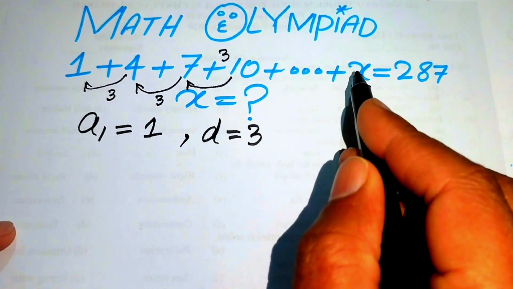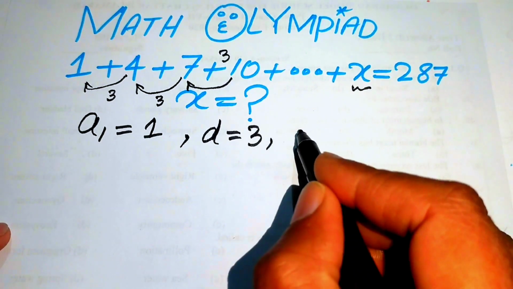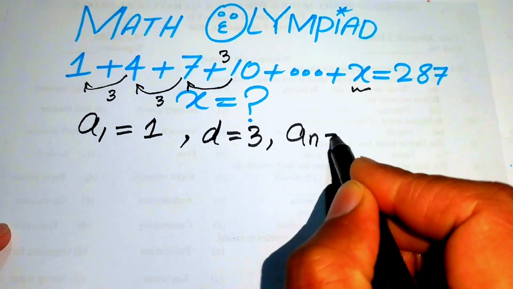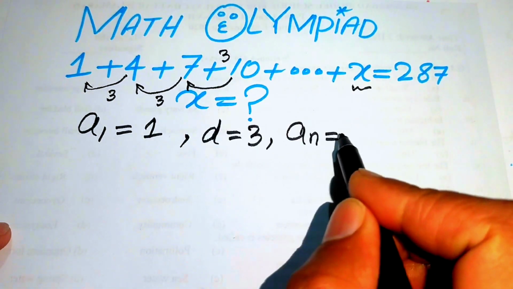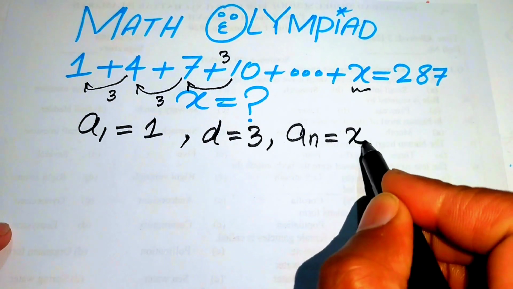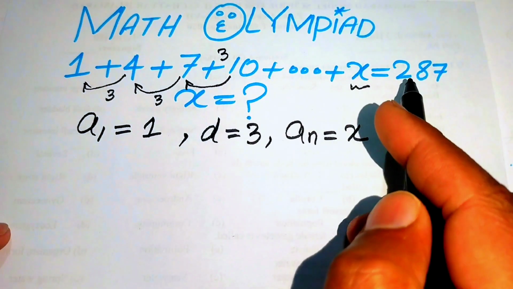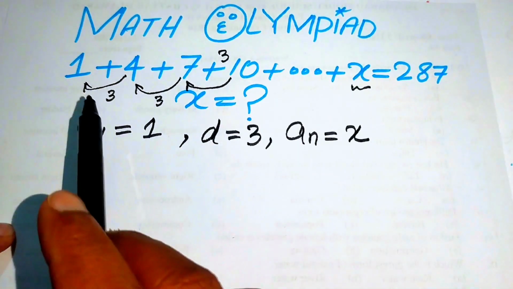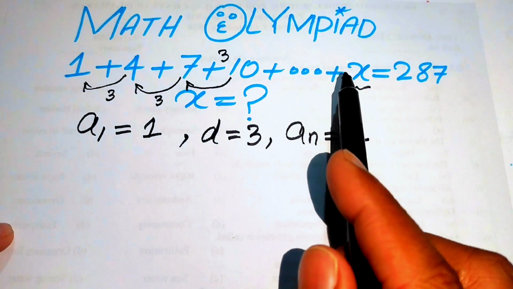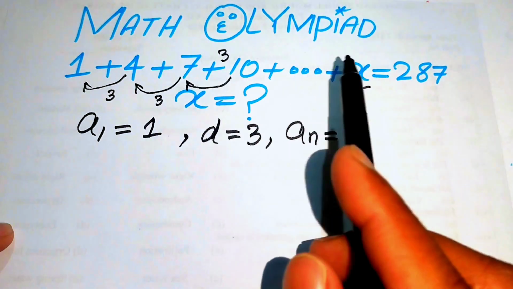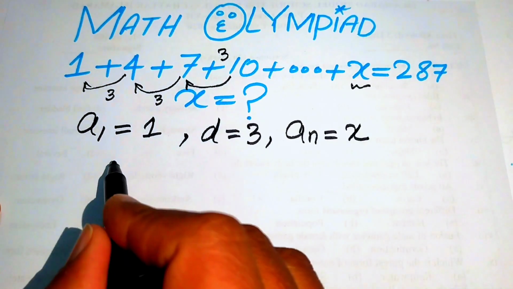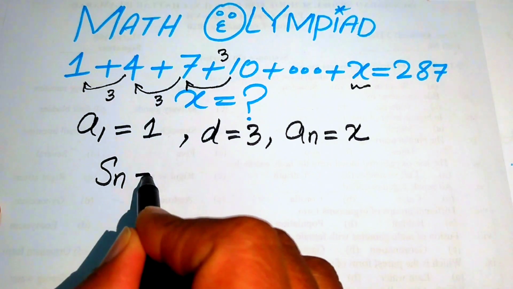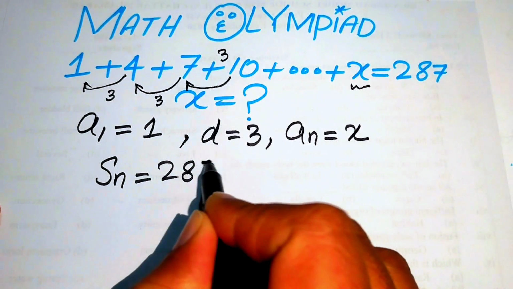So x is called the nth term of the series, and we denote the nth term of the series by an, and our an equals x. And 287 means that if you add the first x terms, then you get the sum of these x terms equals 287. So we call 287 equals Sn.